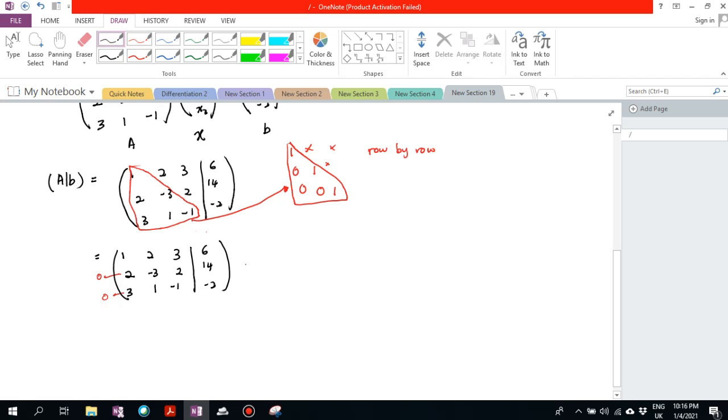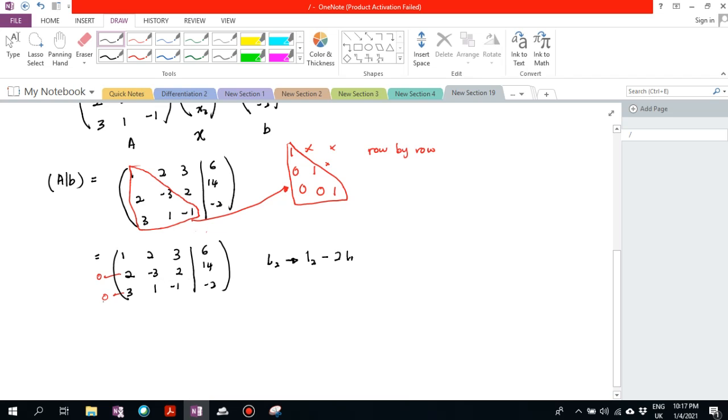In order to do that, you need to use the R1. We start with R2. In order to get your R2, you take R2 minus row 1 times 2, meaning R2 minus 2R1, in order to get 0 here.